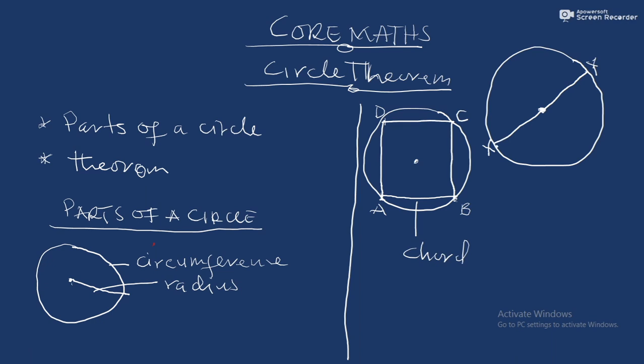So a special type of chord that passes through the center of the circle is called what? A diameter. So it is a chord, but what makes it special is that it passes through the center of the circle. So it is the only chord that passes through the center of the circle. So a diameter is a chord that passes through the center of the circle.